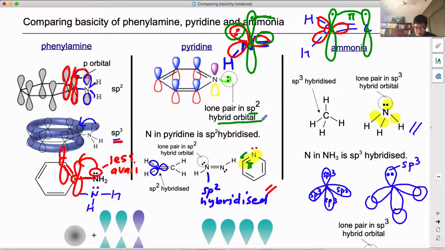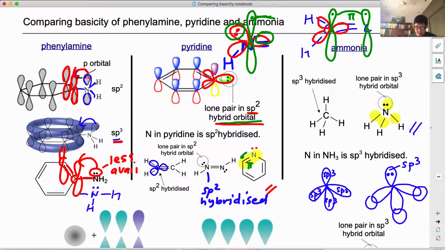The lone pair is actually in an sp2 hybrid orbital. So look at this picture here, maybe it's a bit clearer. If I draw it one more time, this nitrogen has an sp2 hybrid orbital, sp2 hybrid orbital, and this sp2 hybrid orbital. And this lone pair in the sp2 hybrid orbital is perpendicular to the pi bond.